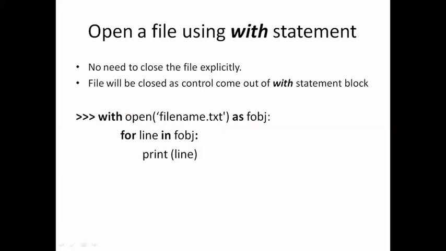Let's see some examples of this with method. In this case, I have opened a file test.txt in write mode. If this file does not exist in the present working directory, first it will be created. And if it is already present in the working directory, the previous content will be overwritten. We have opened this file using the with method, and the file object is assigned to the variable f.